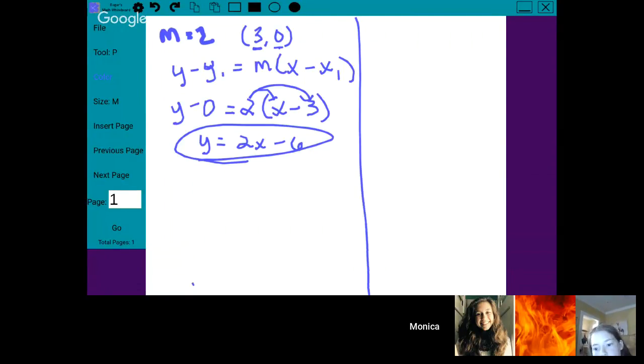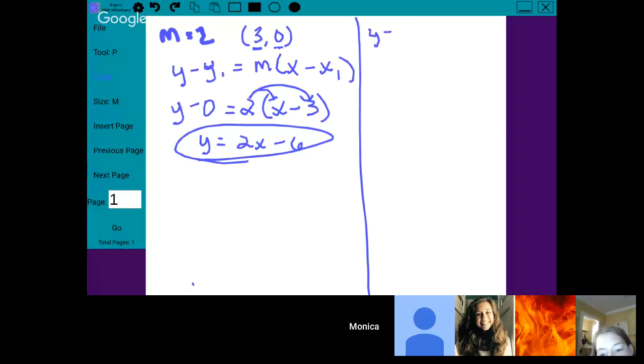Now, the way that the book is showing you, they want you to say y equals mx plus b. So then they want you to say, okay, your y is 0 equals 2 times 3, plus b. So that would be 0 equals 6 plus b.